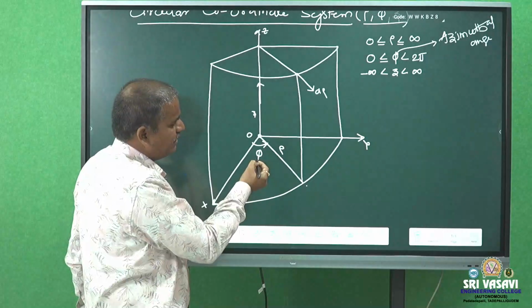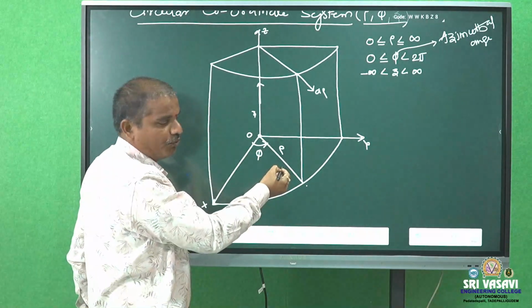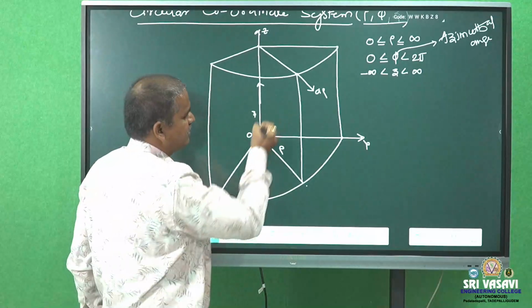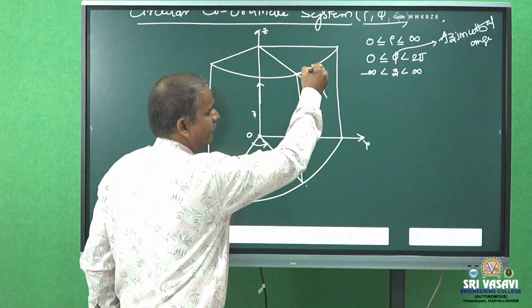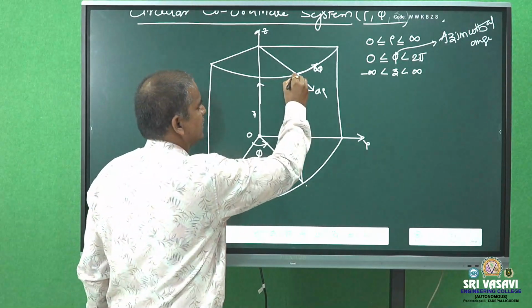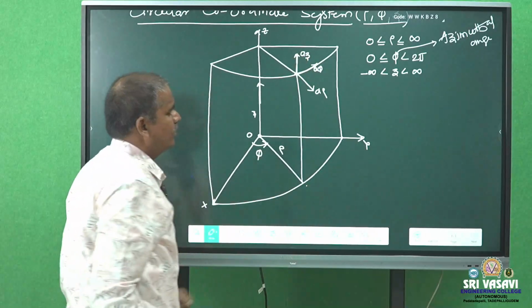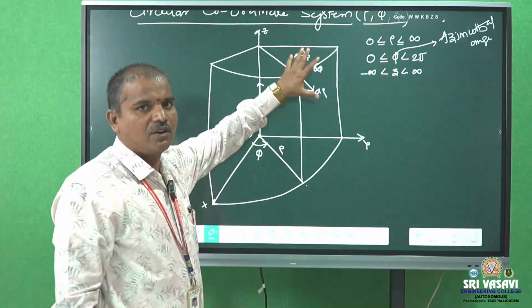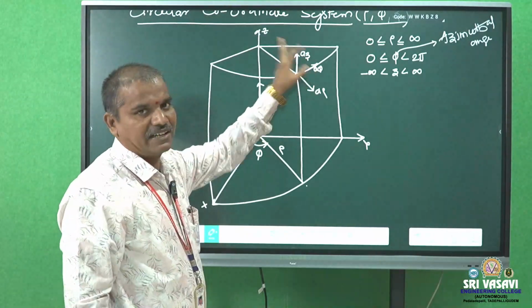This azimuthal angle makes an angle from the x coordinate to the radial distance rho. This is phi, drawn as an arc, so this is a phi. Next, this is z, so this is a z. So a rho, a phi, a z are called unit vectors along the rho, phi, z directions.